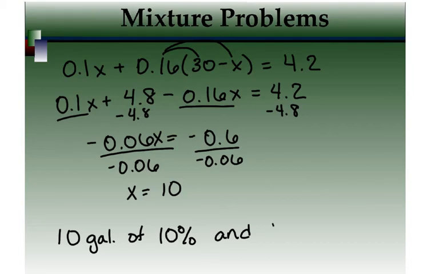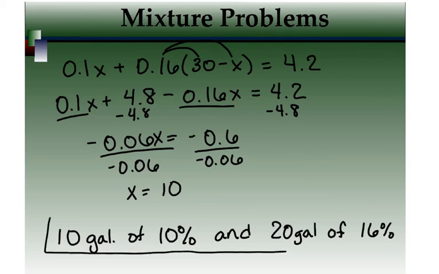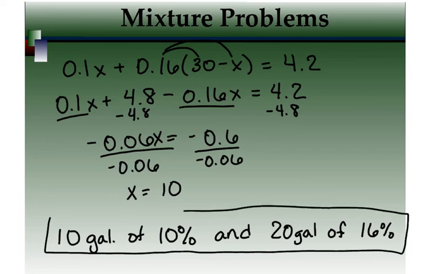So we need 20 gallons of our 16% acid solution. So there we go. We solved for both quantities that we need to make up our 14% acid solution.